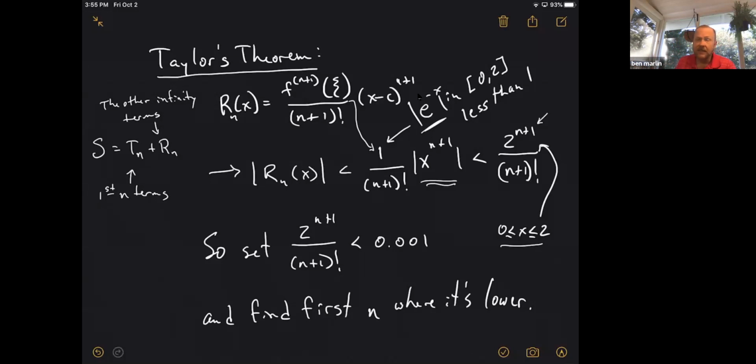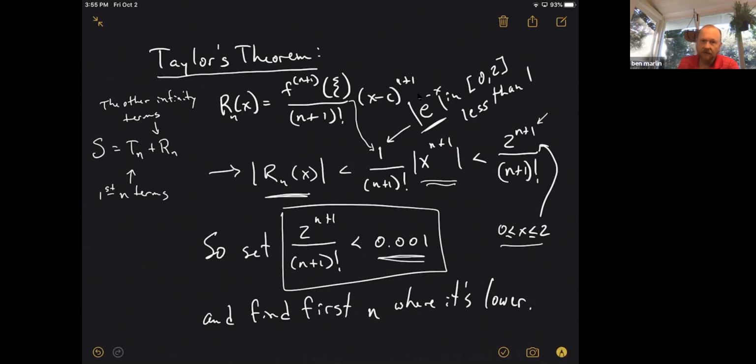I did not take that route. I chose one here where we can't just solve for it like that. So if you can't solve for it, and when you set it less than your error bound, okay, so we have our remainder error bound, and we just set it less than what we want as a maximum error.